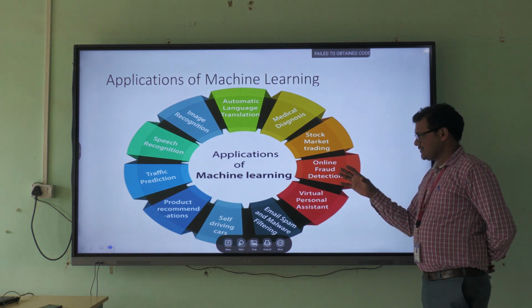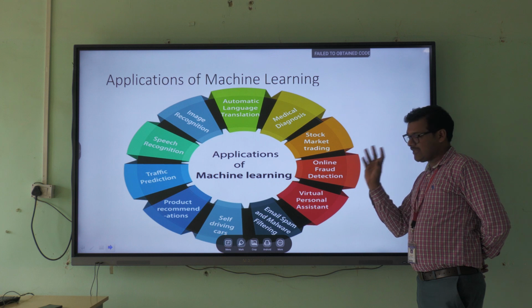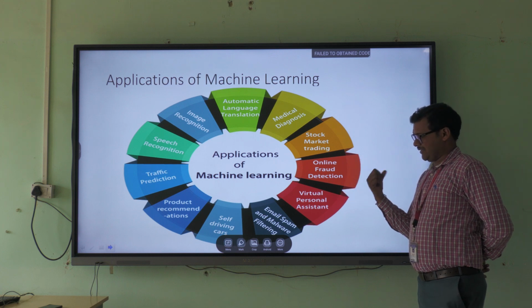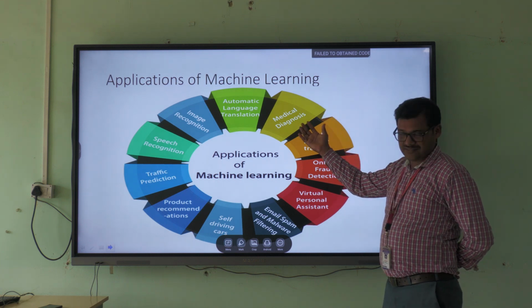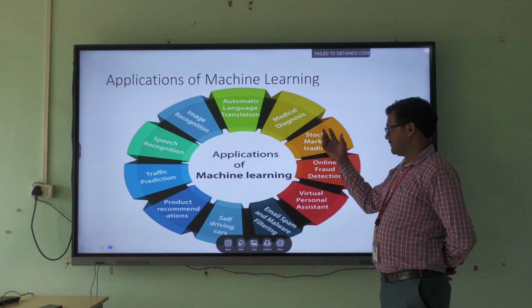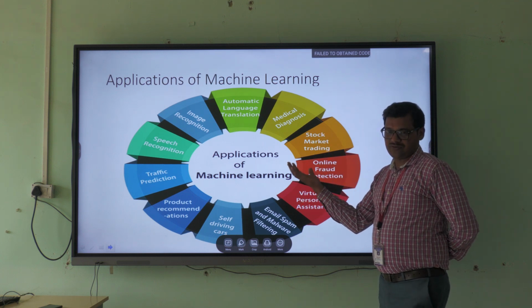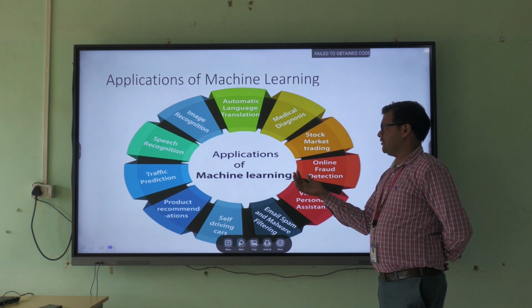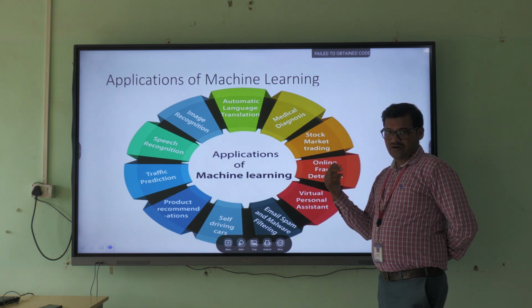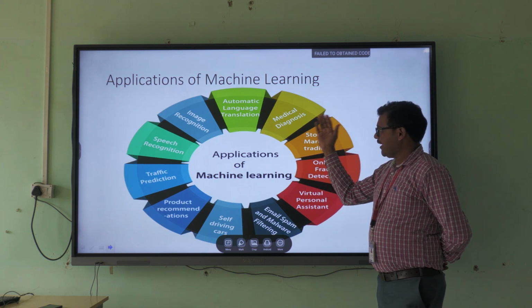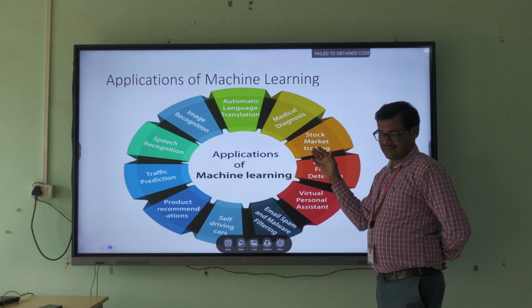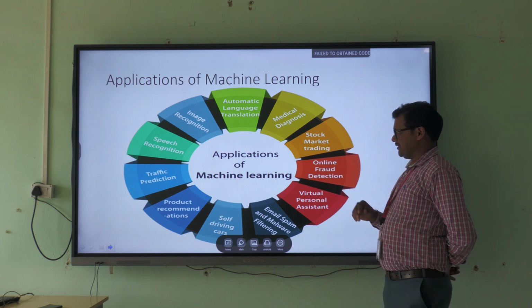In medical diagnosis, we give a set of parameters, we perform different diagnostics, and based on those diagnostic values, we are able to predict what kind of disease may be possible in future, whether it is going to come in the near future or not. That way, medical diagnosis uses machine learning algorithms.